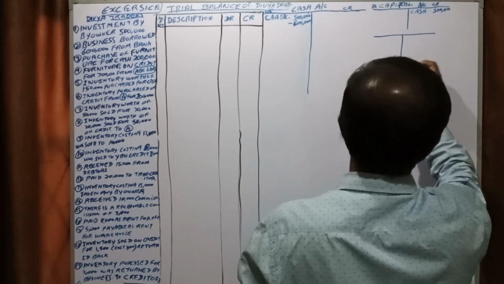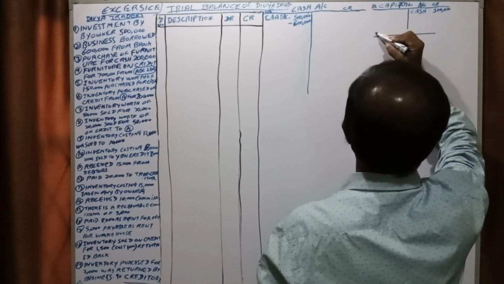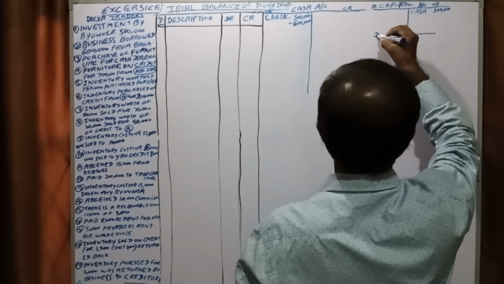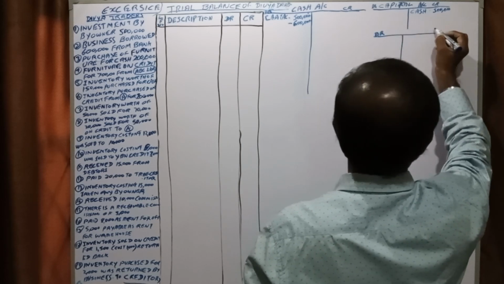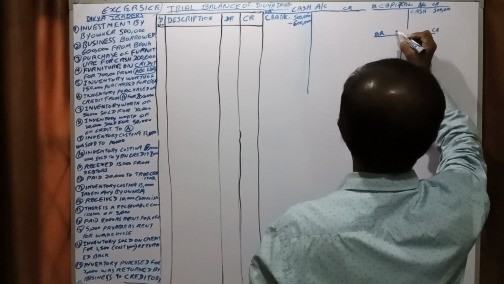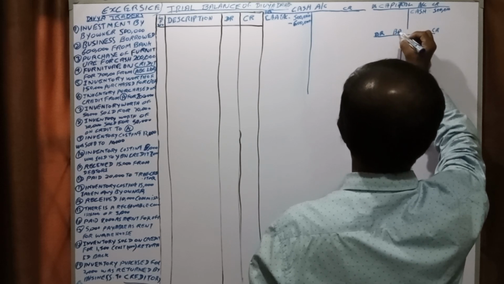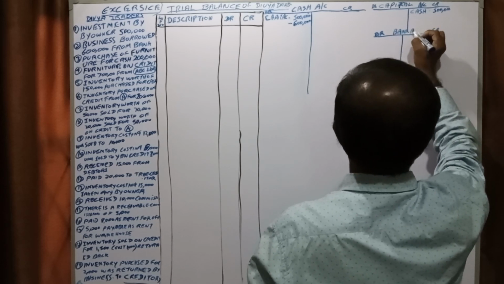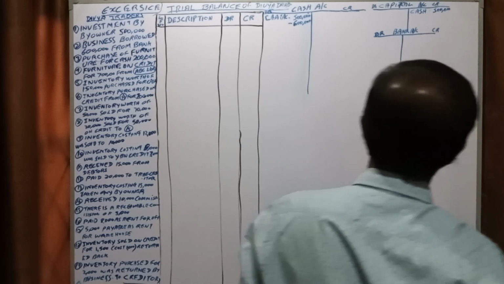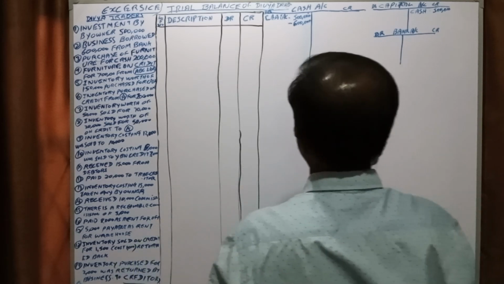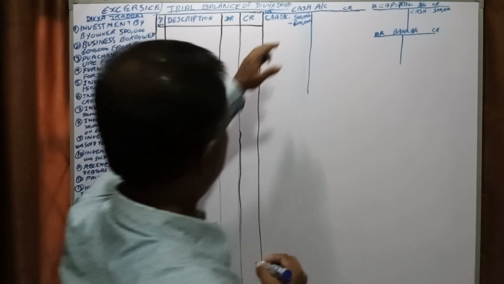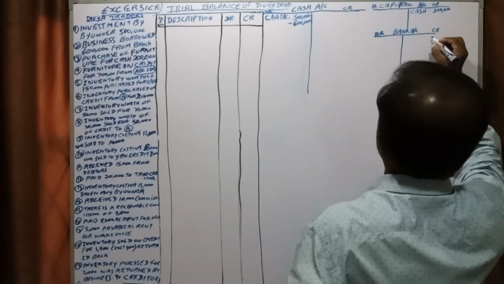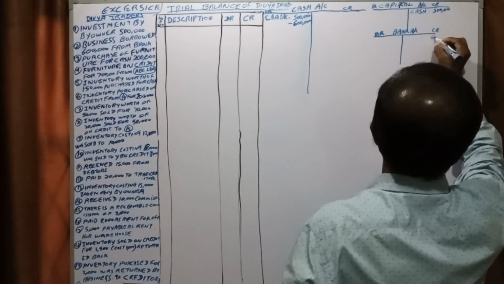Here we say DR and CR. Account name is bank. Cash is debited, and the bank account is credited 600,000.